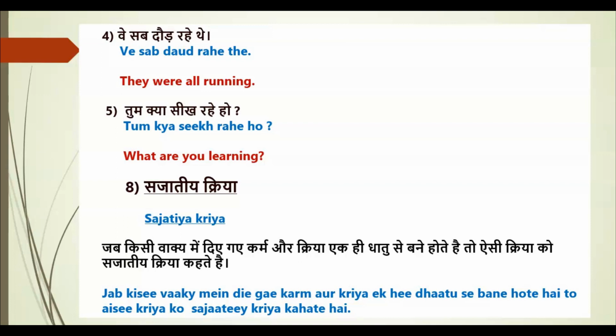Let's go through the definition of Sajatiya Kriya. जब किसी वाक्य में दिए गए कर्म और क्रिया एक ही धातु से बने होते हैं तो ऐसी क्रिया को सजातीय क्रिया कहते हैं.